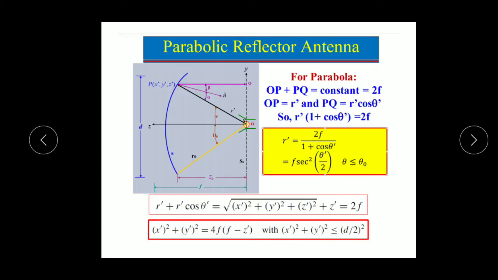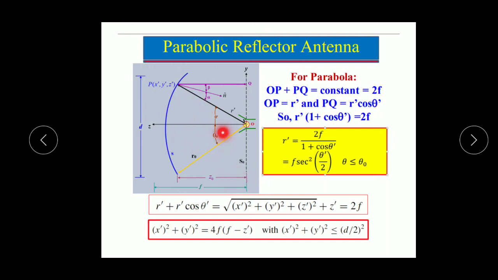So, the geometry of the parabolic reflector antenna. This is the reflector portion. This is the feed portion. The distance between the vertex and the feed point is called the focal length.